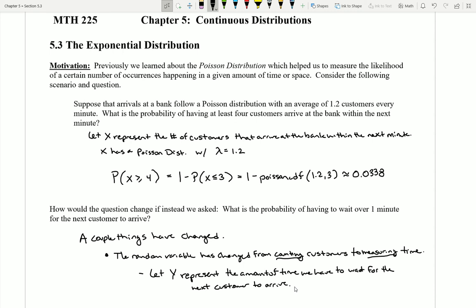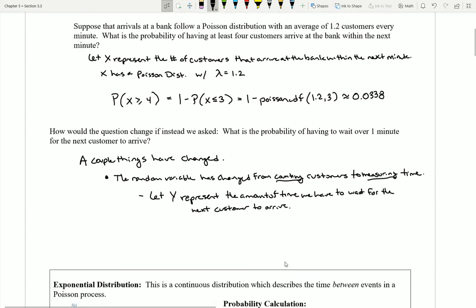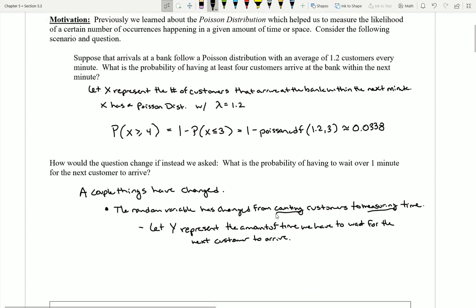This is a very big switch. When I think about things that I would be counting, this is definitely something discrete. It's something I could count with my fingers. But now I'm changing to measuring time, which is going to be continuous.